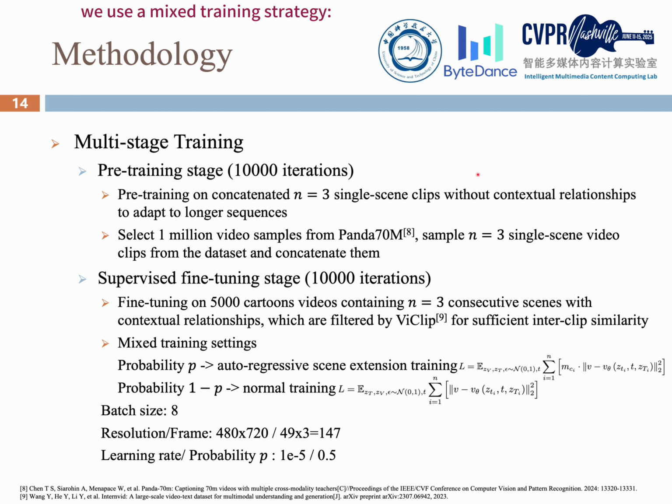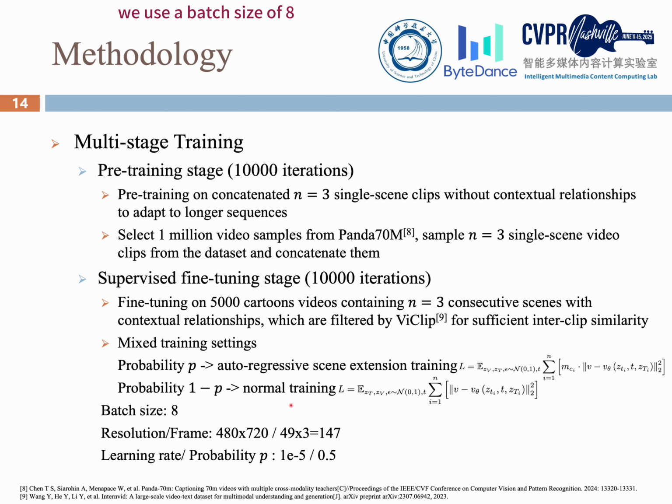During fine-tuning, we use a mixed training strategy. With probability p equals 0.5, we perform auto-regressive scene extension. Only the last scene is denoised and contributes to the loss. With probability 1-p, we train all scenes in a standard diffusion fashion. This dual-mode setup ensures that the model can handle both fixed-count scene generation and scene-wise expansion.